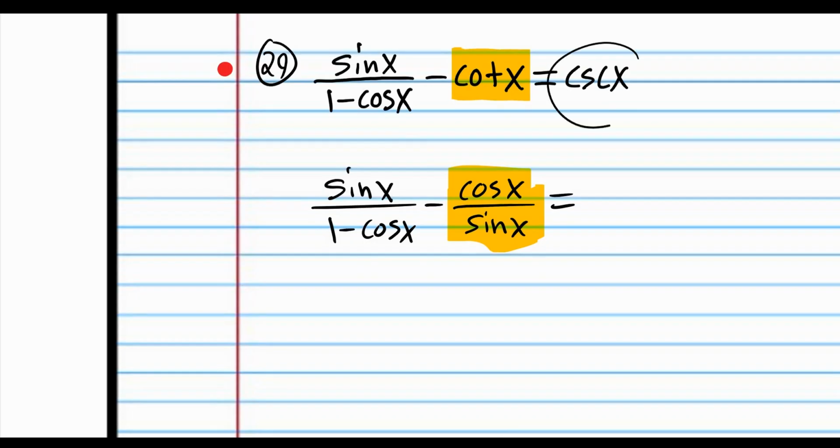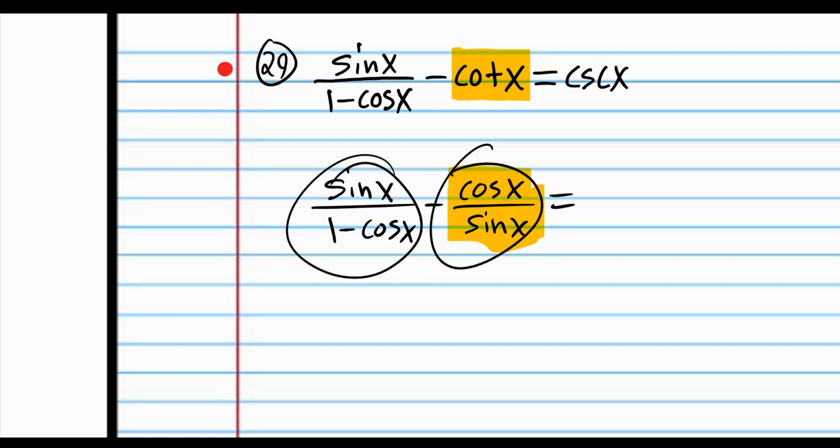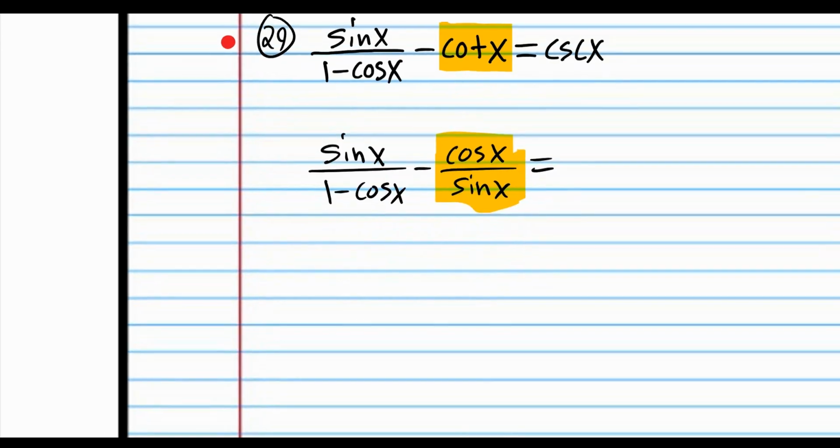Now, over here we have a cosecant x. I want to convert this expression to cosecant x, but that's just one term. Here we have two terms, so obviously we're going to have to combine the two terms. So I'm going to multiply both sides of the left fraction times sine x.